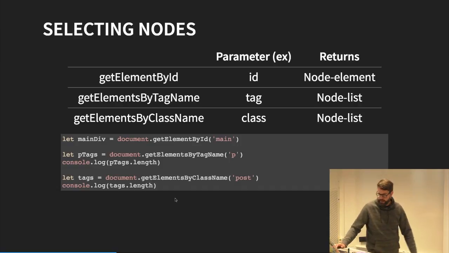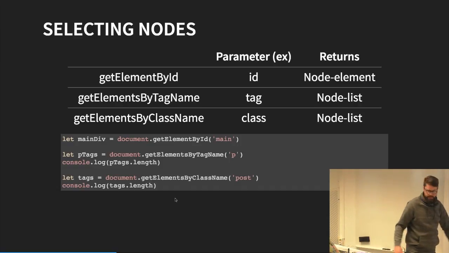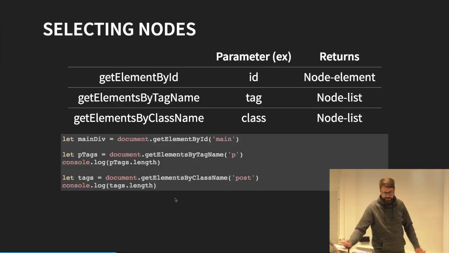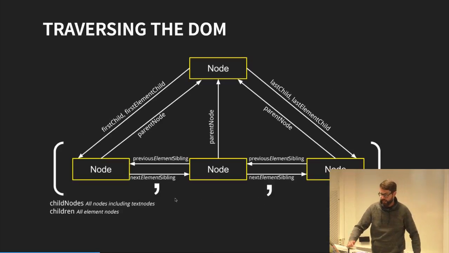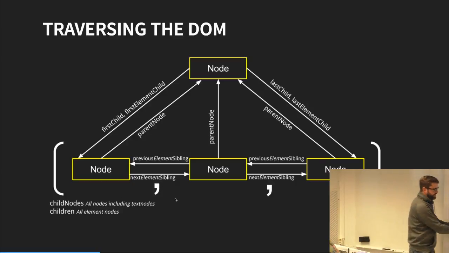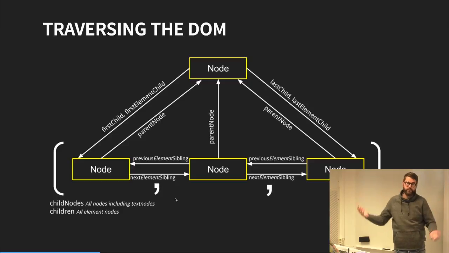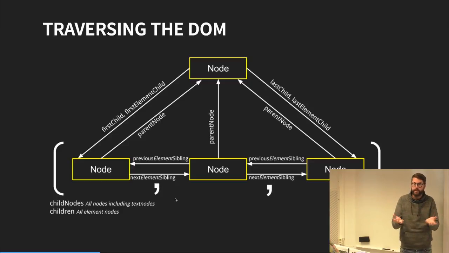So the node list you get from getElementsByTagName is live in the document. That means if you found all the p elements on the page, and you want to iterate over each and every p element and convert that p element to a div, you can do that. I don't know why you would like to do that, but you can.